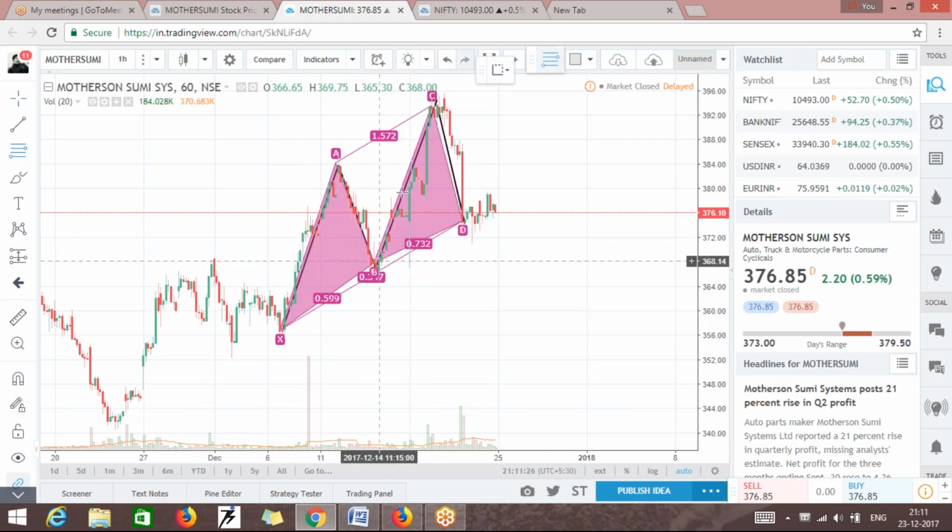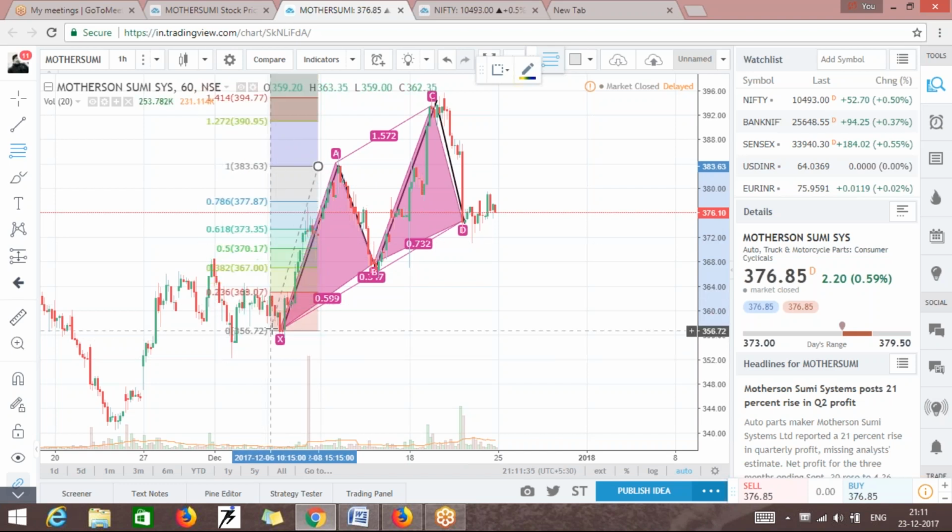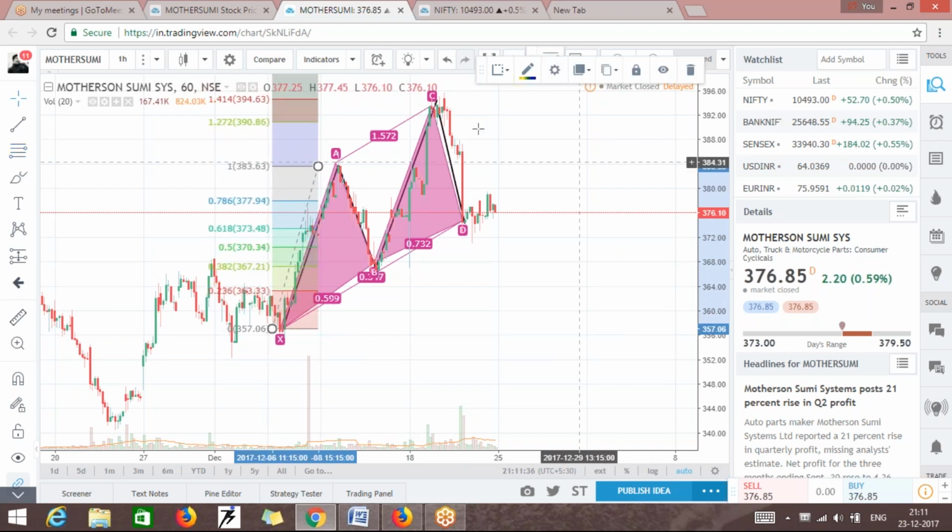We are now calculating BC. It's within 1.272 to 1.414, exactly within this level. It's almost at 1.414. So BC also confirms that yes, this is going as per this harmonic pattern.